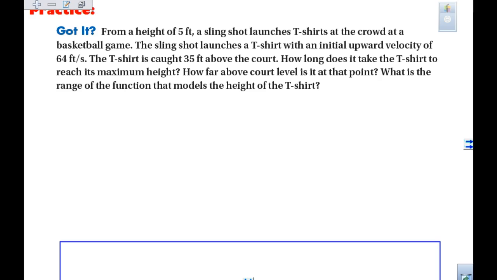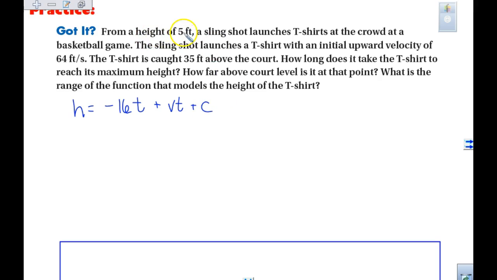As you look at this next one that you're going to practice, we are going to be asked to write an equation. Keep in mind, the equation is always of the form negative 16 t squared plus the velocity times time, and then plus your starting point. That starting point is our c value.